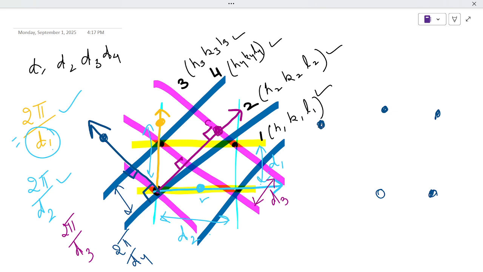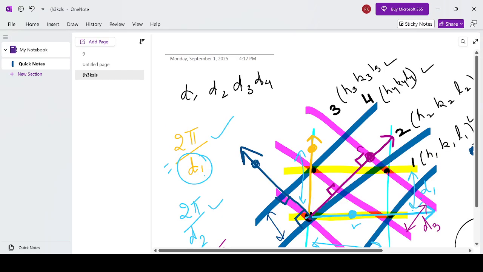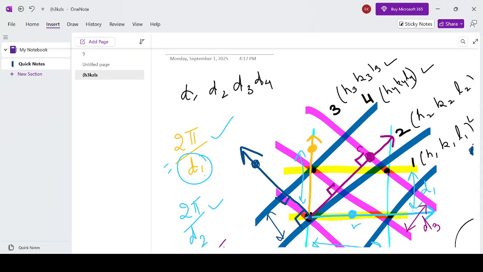See, we were having a crystal like this, and we have got the reciprocal crystal like this. This is what I have shown you in the figure also. Let me show you again. Here it is.